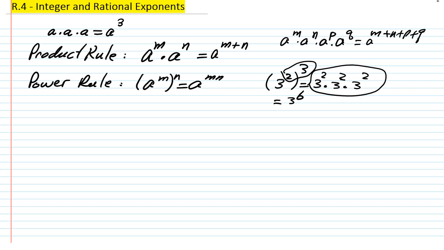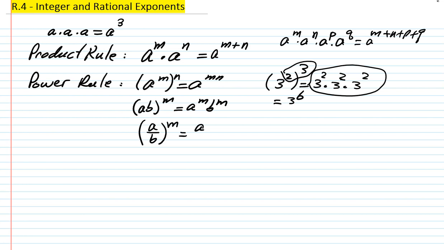And then there are different versions of the power rule. We also have this expression, which we often call the power rule. This time I have 2 factors in parentheses raised to a power. We can write it as a to the m times b to the m. The other power rule involves a fraction. If I have a fraction to the mth power, we can raise each component of that fraction to the mth power.